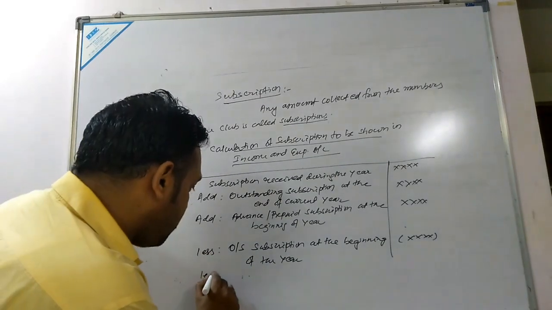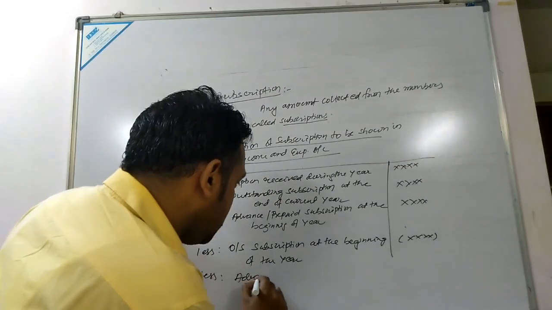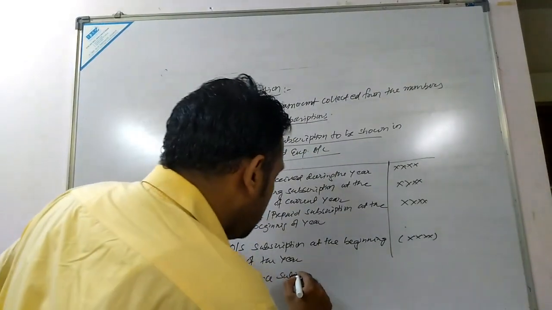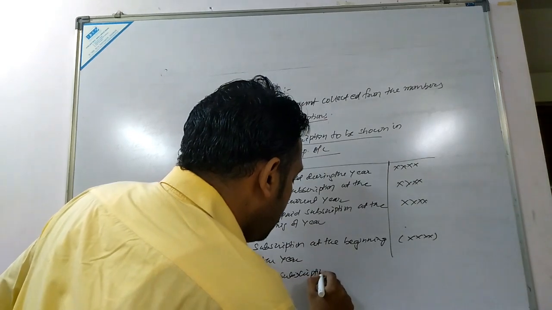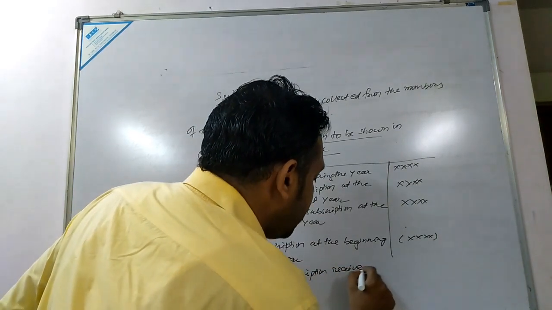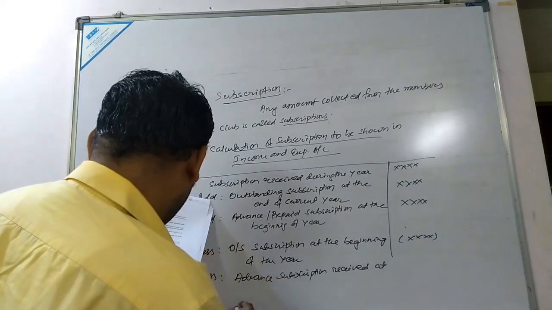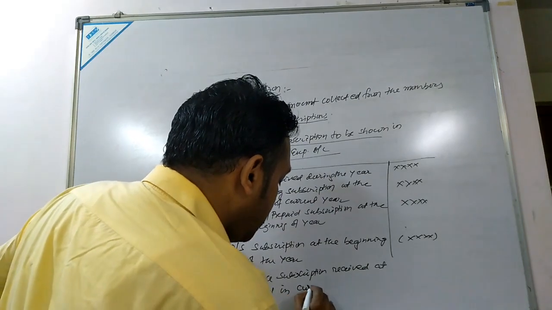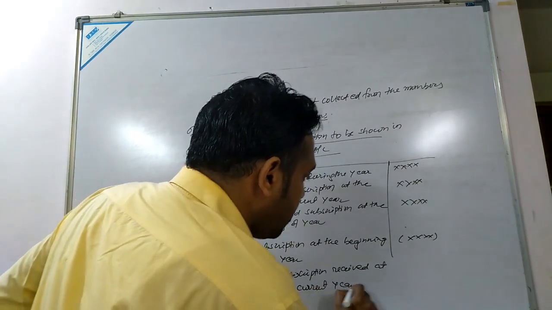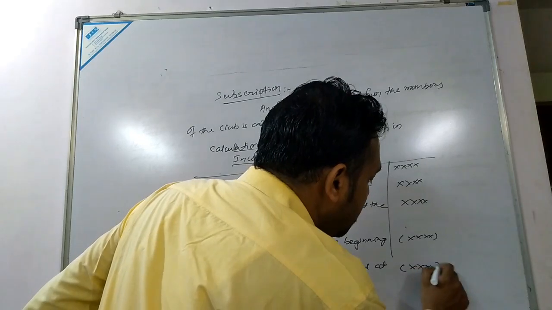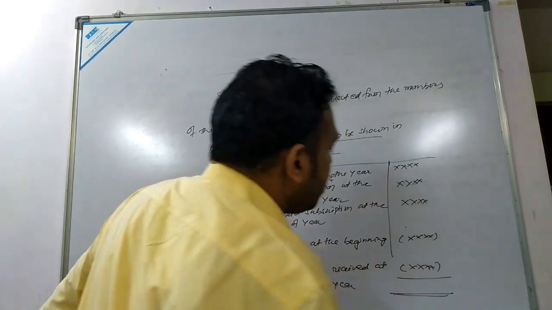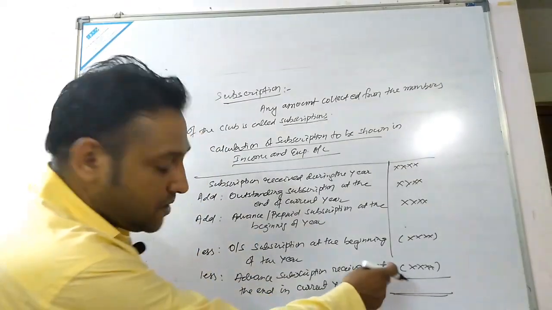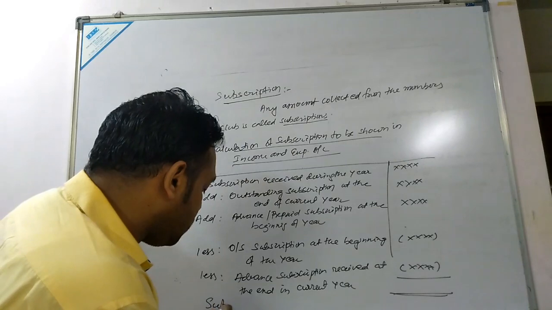And similarly, we have to subtract the advance subscription received at the end of the current year. Whatever the amount, you will get the answer here.